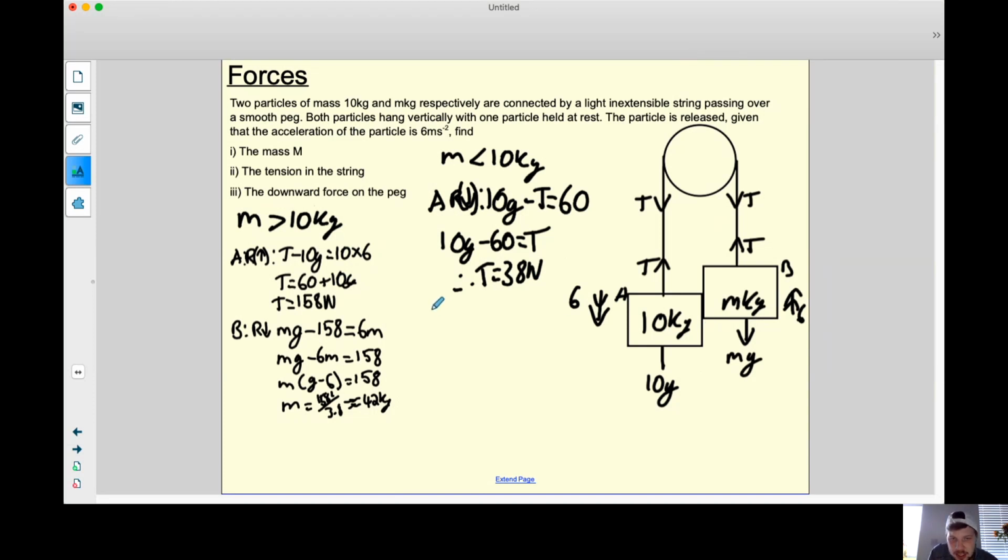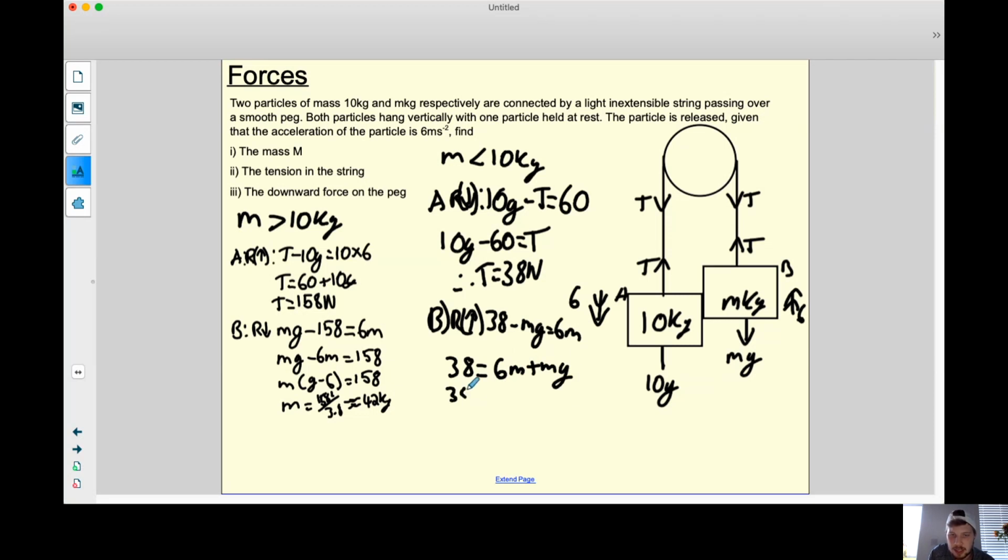Looking at resolving on the other side for B, if we resolve vertically, I would get mg and tension. So tension take away mg, 38 take away mg, equals 6m. Now I add mg, so I get 38 equals 6m add mg.